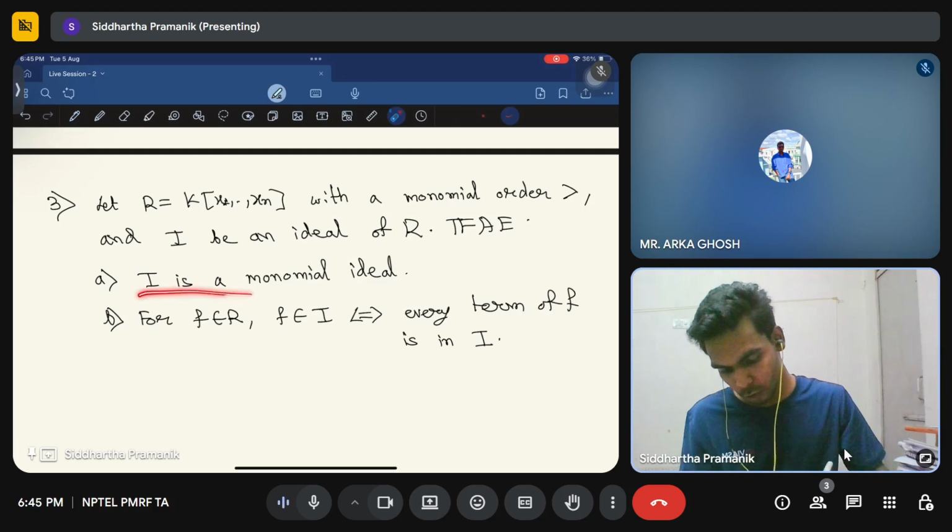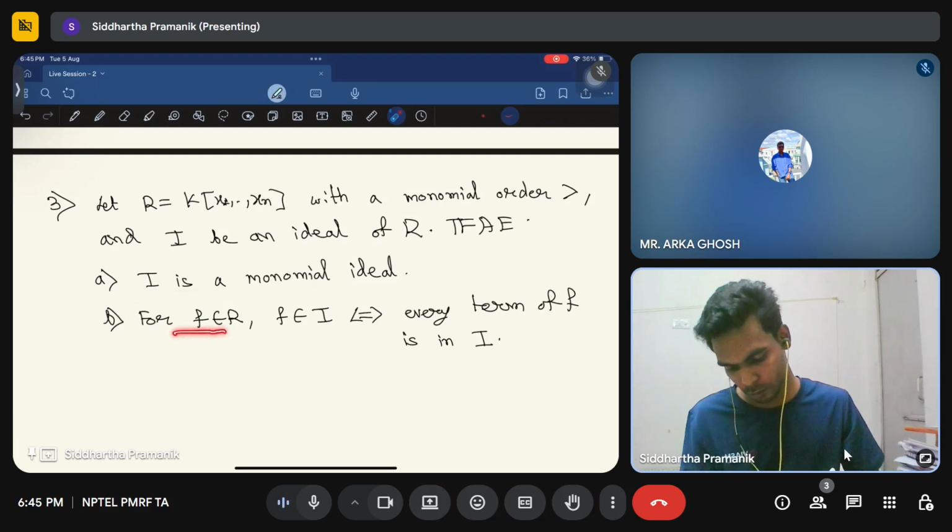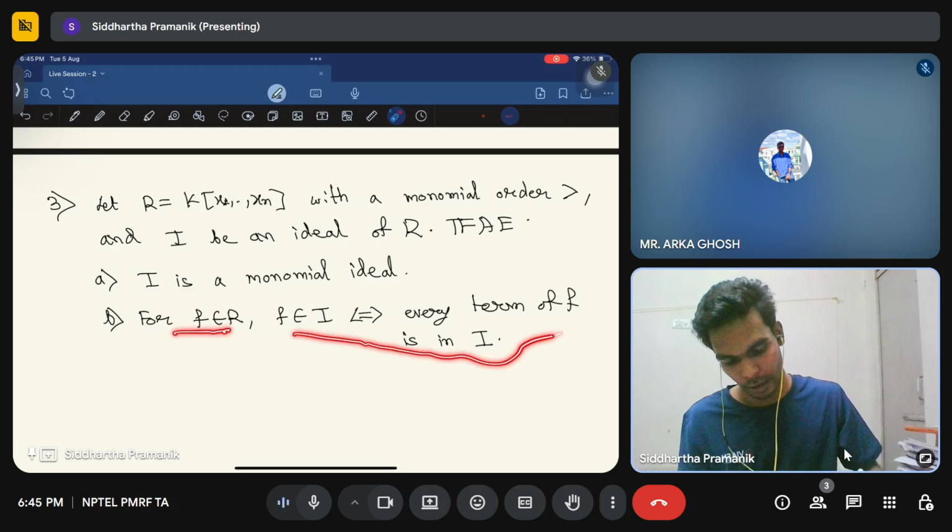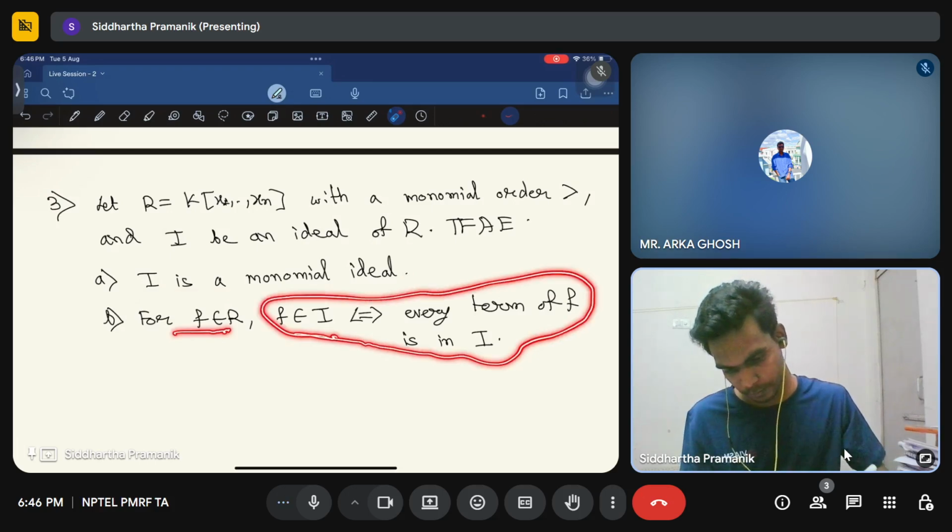So I is a monomial ideal if and only if, if we take an arbitrary polynomial, then that polynomial is in I if and only if every term of f is in I.